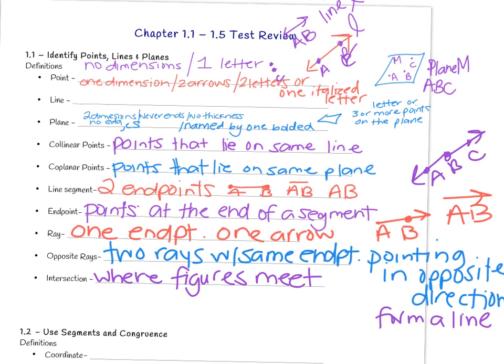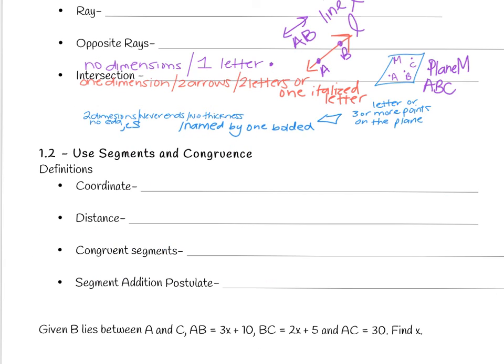The intersection of two planes, a line. Okay, so you want to know that kind of stuff. So you would want to be able to either fill in that blank or true or false. Questions that you're going to see from section 1 are, like I said, not going to be straight vocab. They're going to be either you get a diagram and you've got to answer questions on it, or true or false. Okay, so 1.2 is where we talked about the line segments and congruence, that kind of stuff.